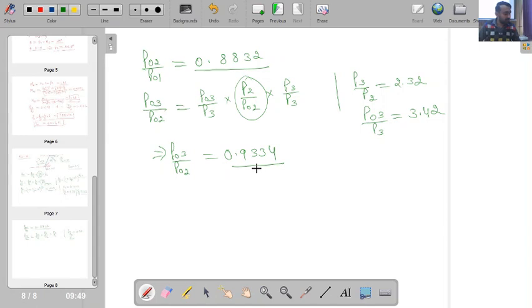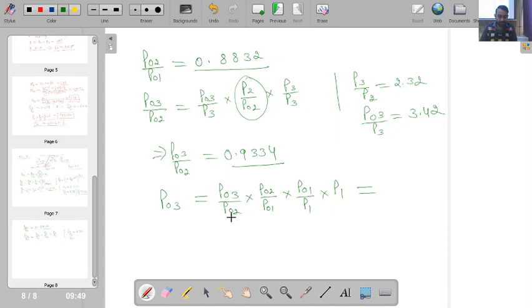Okay, are you able to get these parameters? So now I can calculate the value of P naught 3 as nothing but P naught 3 by P naught 2 multiplied with P naught 2 by P naught 1, multiplied with P naught 1 by P1, and multiplied with P1.